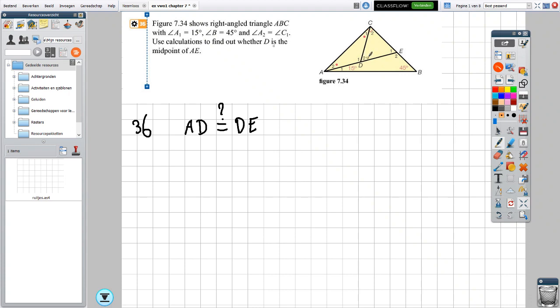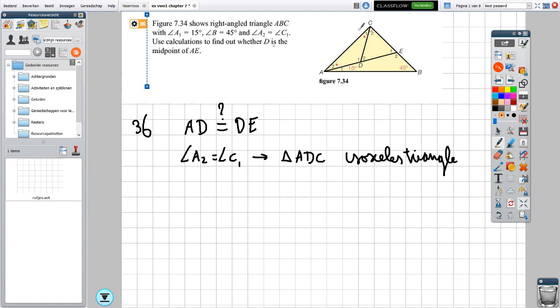And in this case, I do know that angle A2 is equal to angle C1. That's given. That means that triangle ADC is an isosceles triangle, because those two angles are the same.